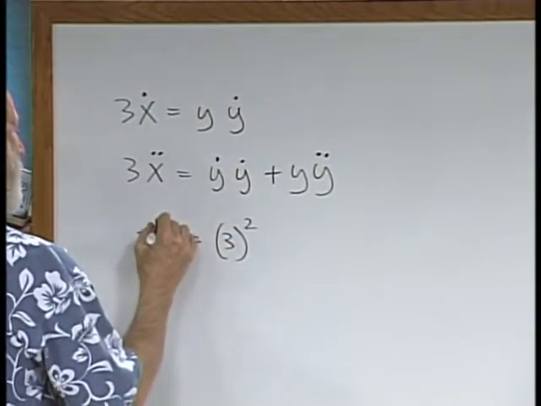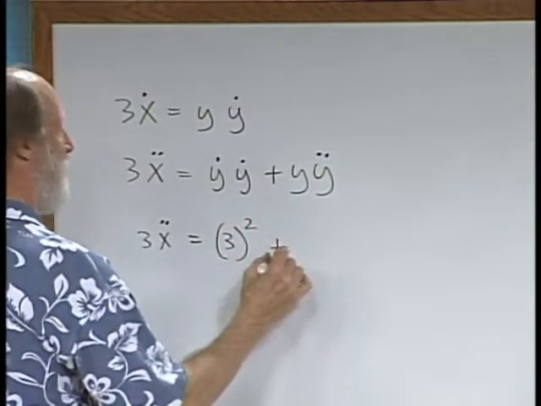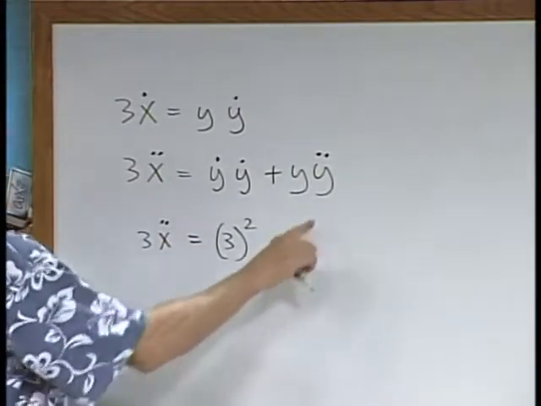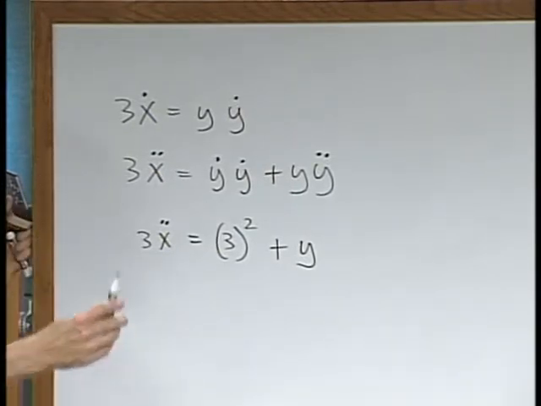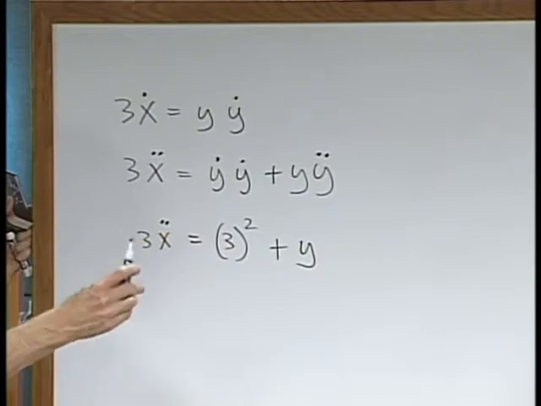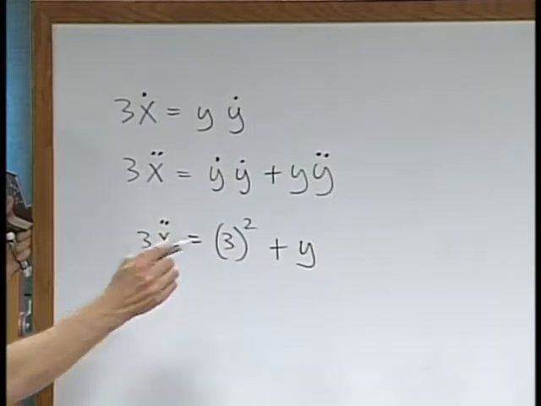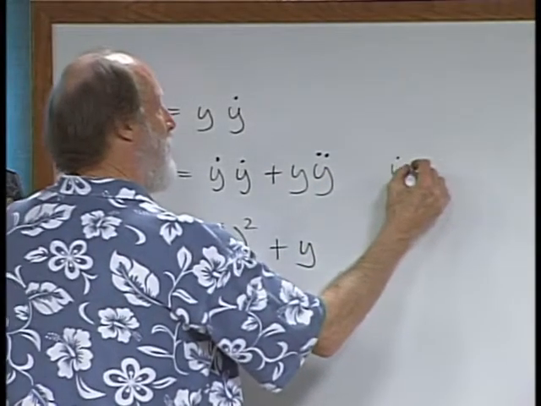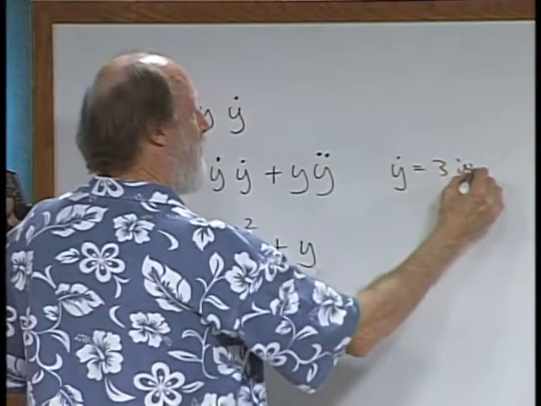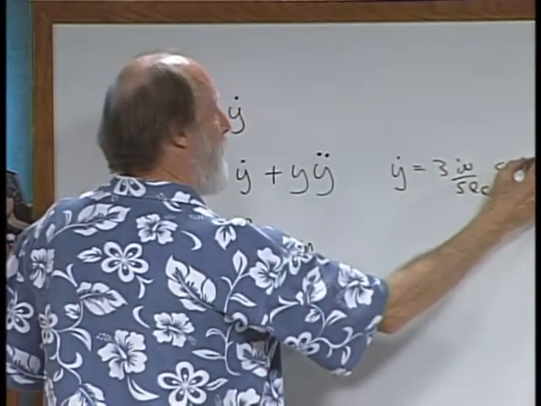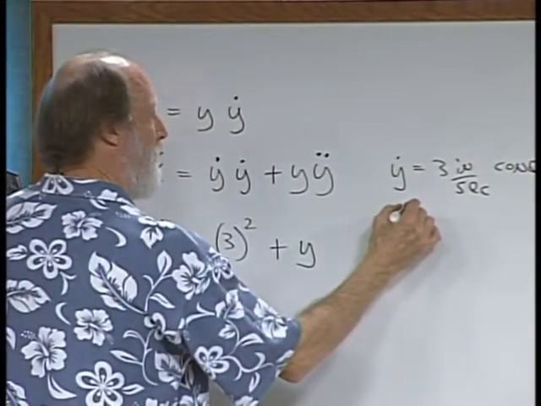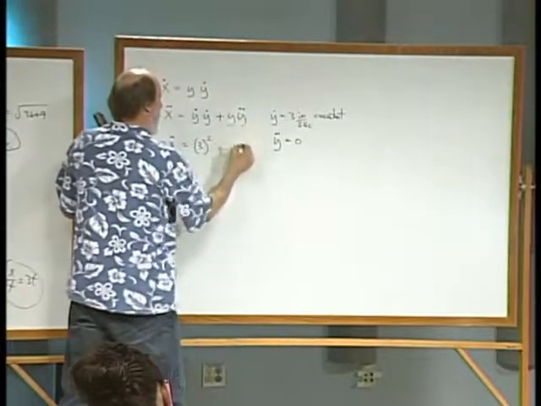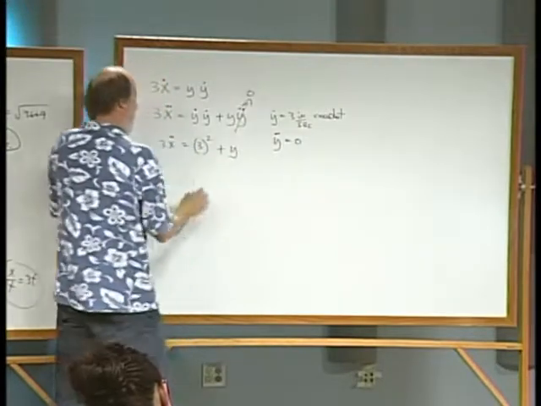Here we have 3x double dot plus y double dot, the acceleration in the y direction. Why is it 0? Because it's constant. Oh, see, y dot was equal to 3 inches per second, constant. And so y double dot is then equal to 0. So this term zeroes out on us. I like that.